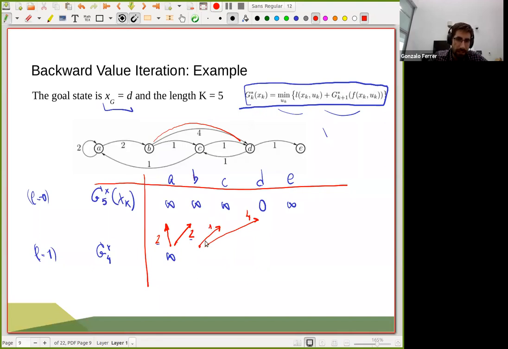The edge here costs 1, so here we have 1 plus the cost to go function, which is infinity. So if we choose this action of getting just to C, then we'll have infinite cost. Let's see if we can do better. And actually we can. We have an edge of value 4, and then the cost to go to reach the goal is 0. So this actually looks good.